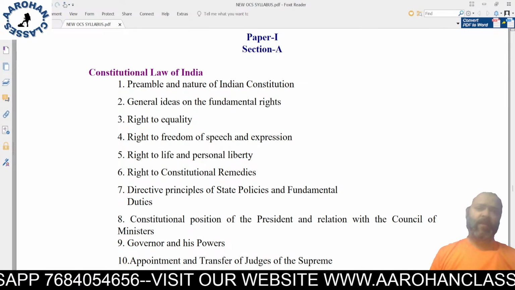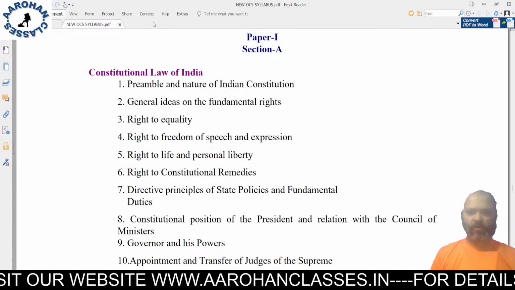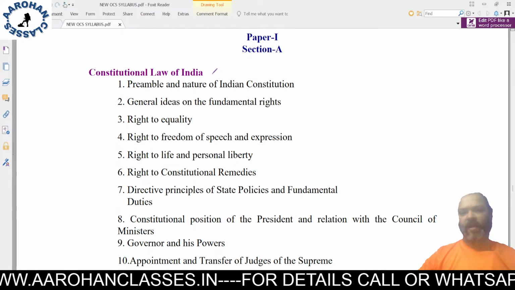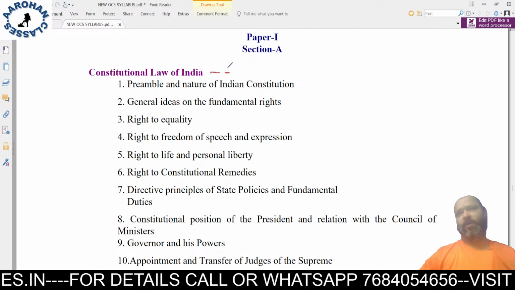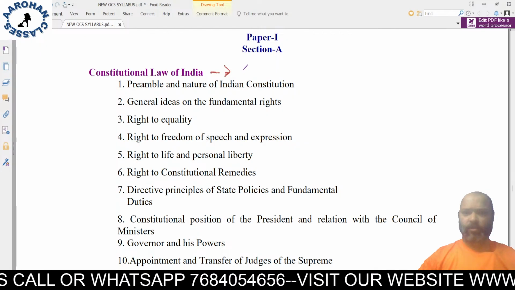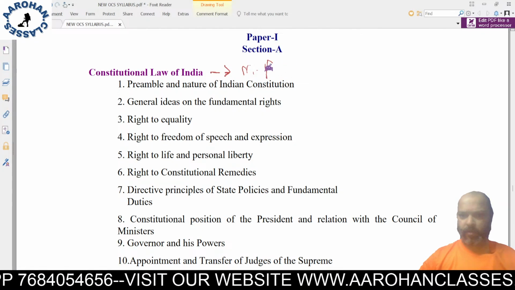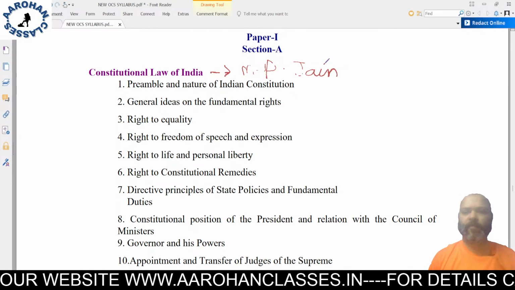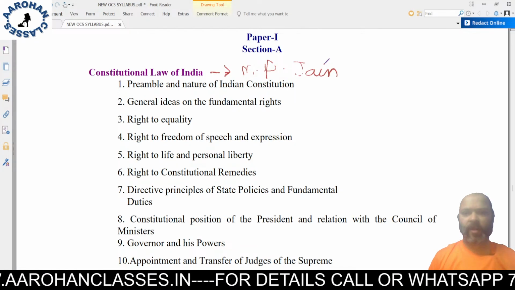The book that we will follow for constitutional law, the most preferred book, is MP Jain. It is a thick, voluminous book, but its analysis of the subject is excellent. So this is MP Jain, and we will follow this book.